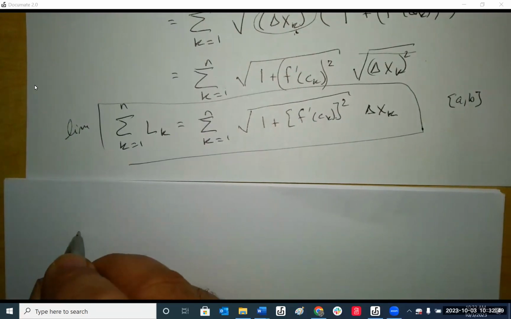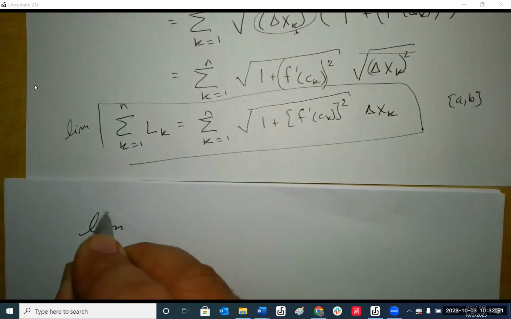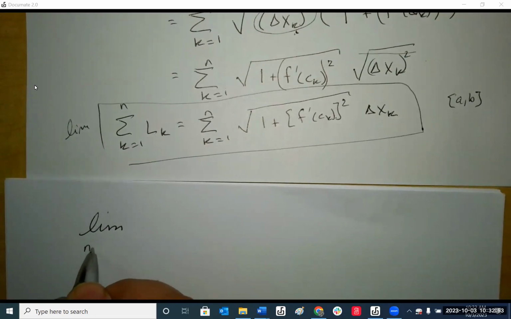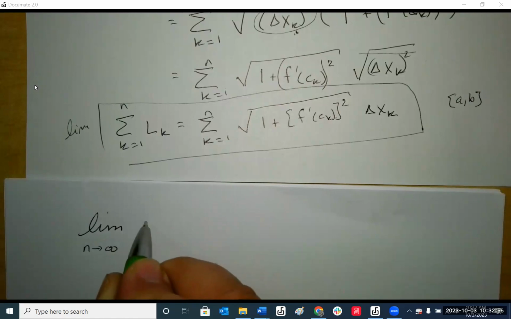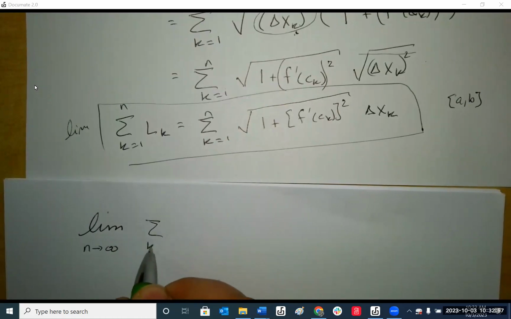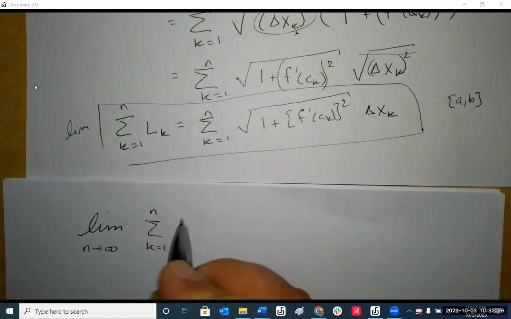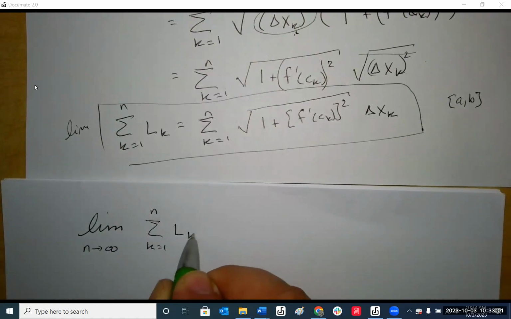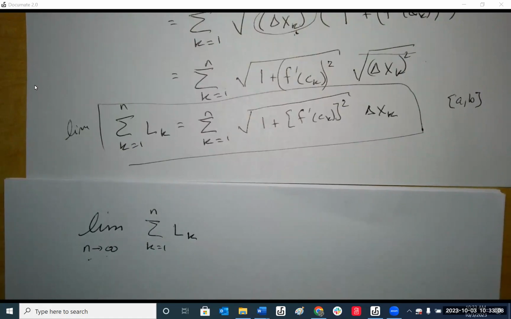So we have to take the limit as n approaches infinity of our summation of k equals 1 to n. Okay, now, question. Why do we take the limit as n goes to infinity?